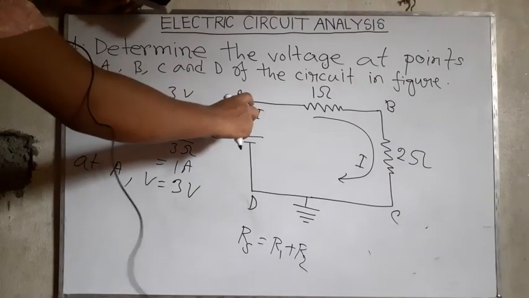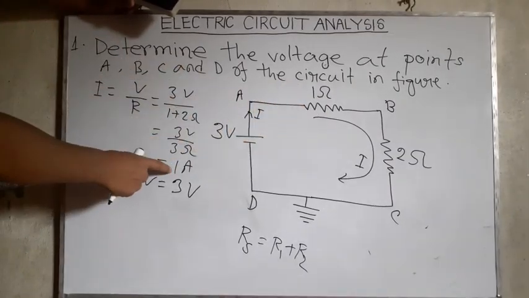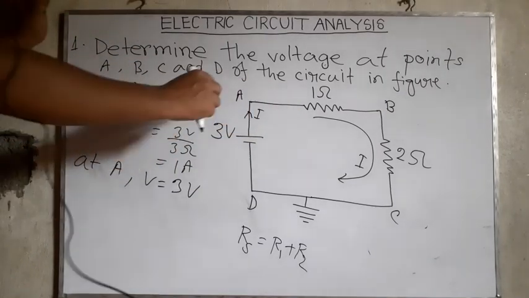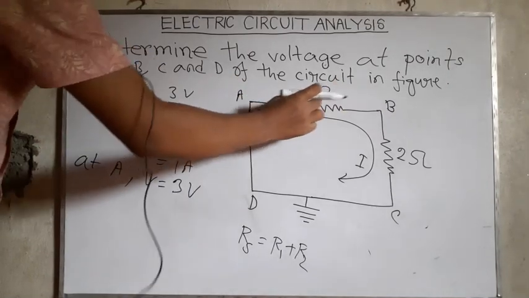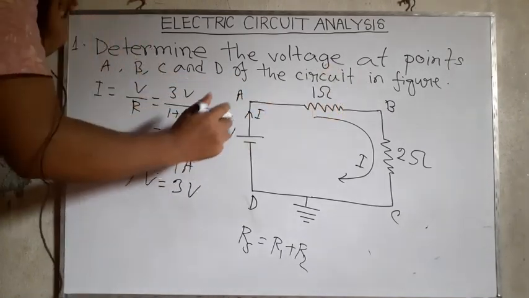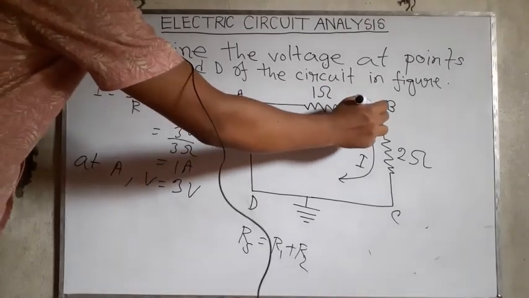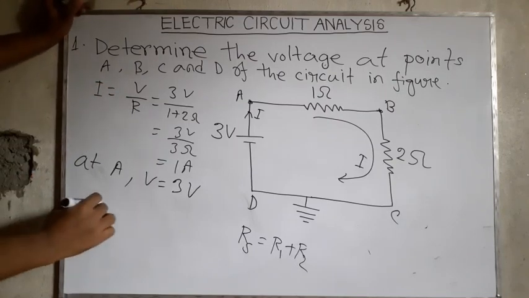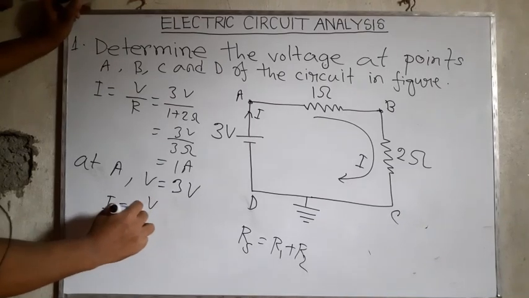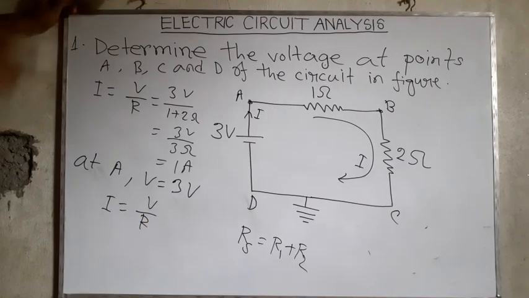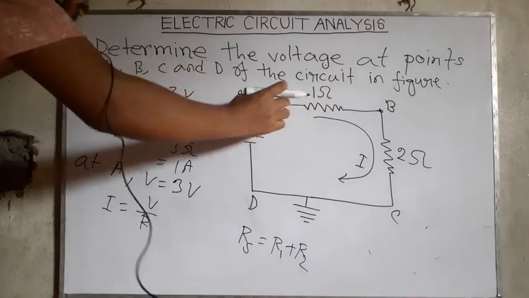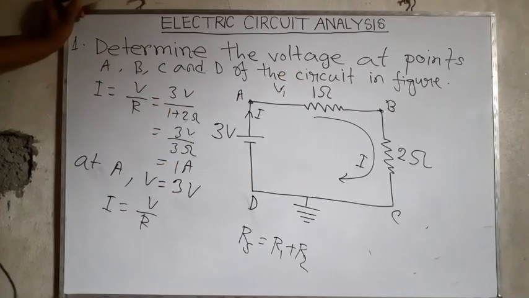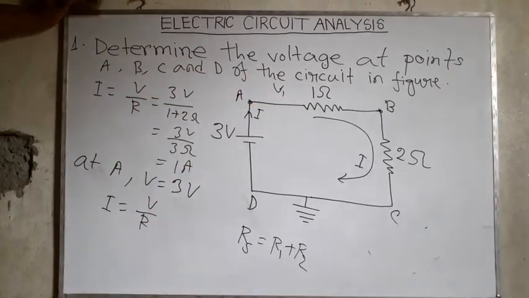Now, the current flowing through the 1 ohm resistance is 1 ampere. Here current I is 1 ampere. Therefore, the potential difference between the 2 points of the 1 ohm resistance, that is point A and point B, we have to determine by this formula. We know I is equal to V divided by R. Suppose the potential difference between these 2 points A and B is V1 and here the resistance is 1 ohm.